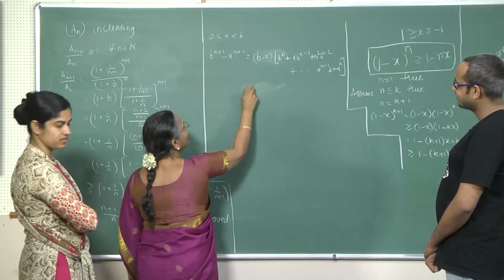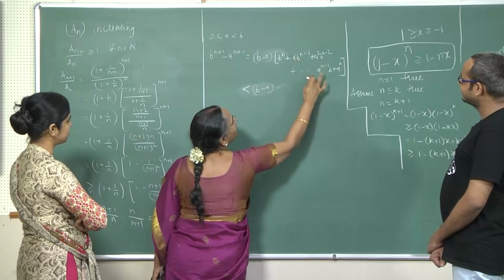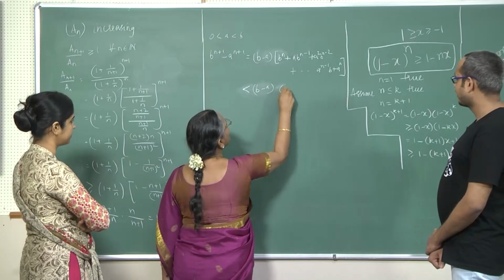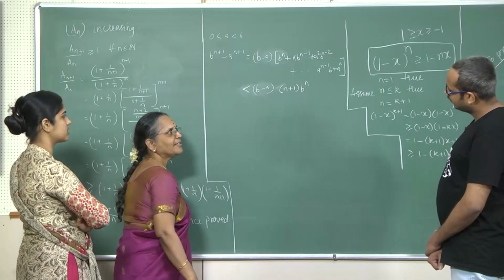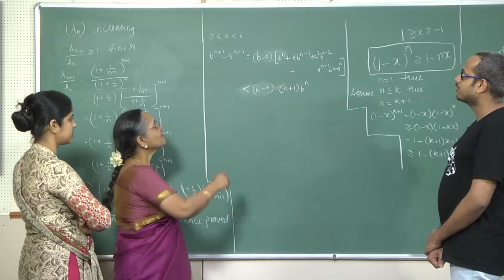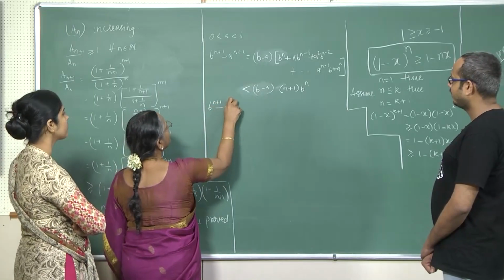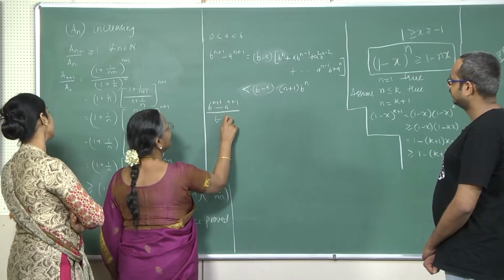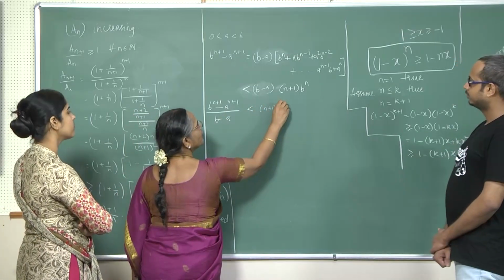So this will be less than (b − a) into, there are n+1 terms, so it will be (n+1) into b^n. So that gives me (b^(n+1) − a^(n+1)) / (b − a) to be less than (n+1)·b^n.